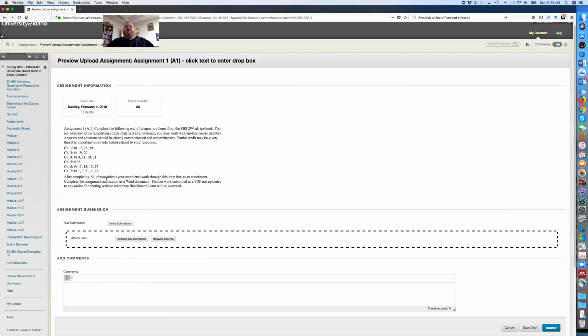The assignment will be submitted through this page on Blackboard Learn, and they're to be submitted as Word documents, and I will not accept a PDF, or I will not accept it if it's uploaded to an online file sharing service such as Google Docs. So please use this link to submit the assignment.